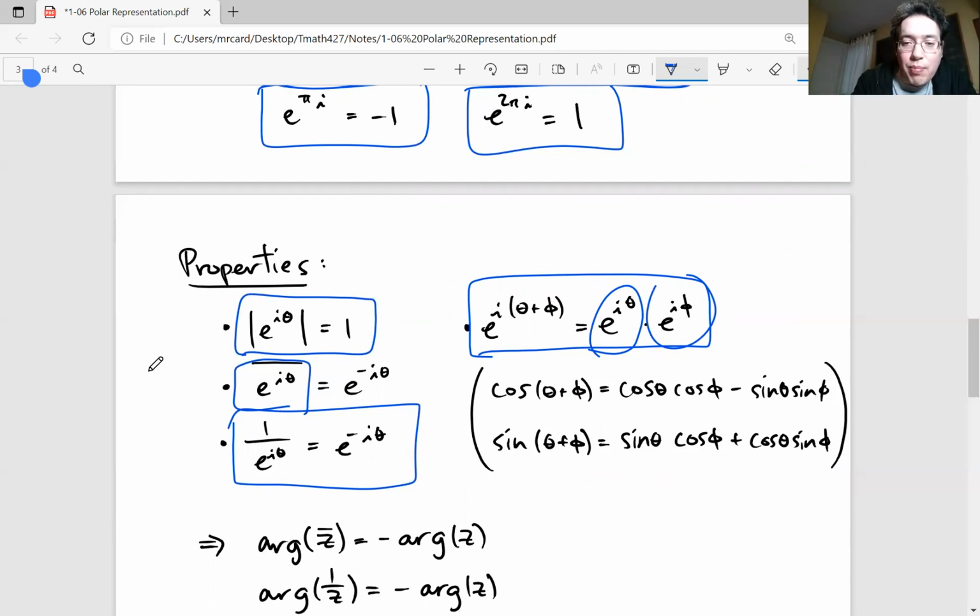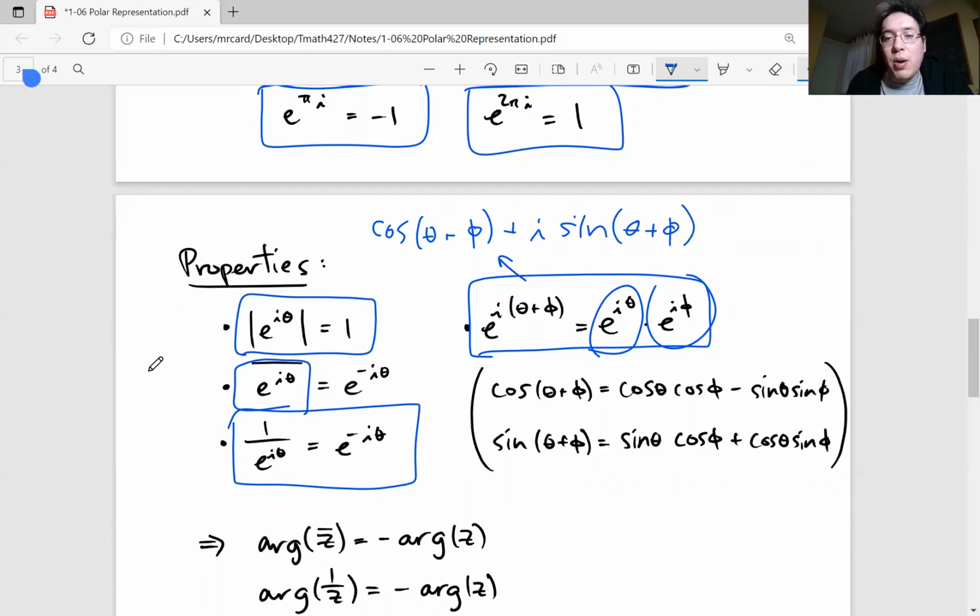So on the left-hand side, this is cosine of theta plus phi plus i sine of theta plus phi.